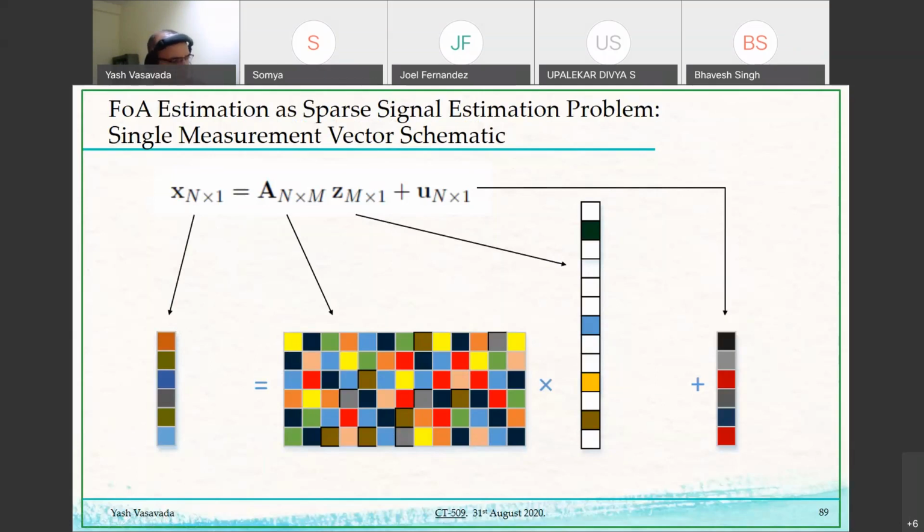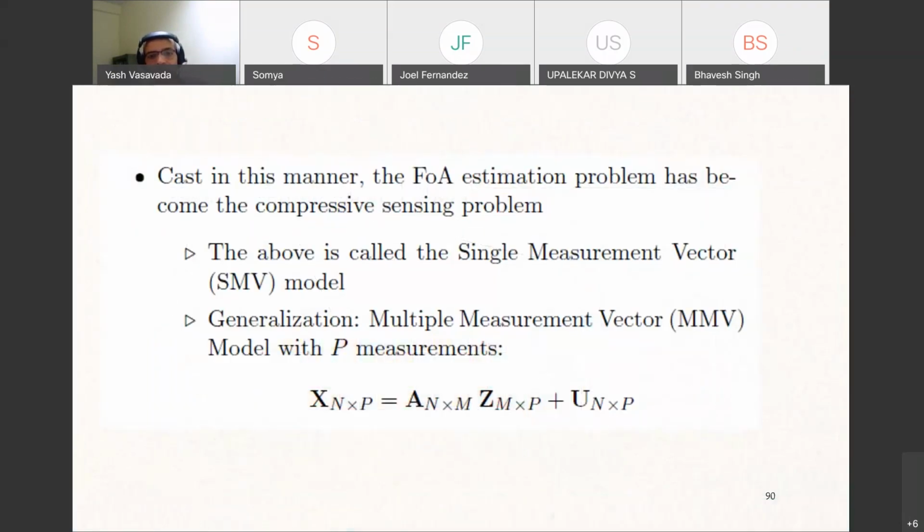Now, there is no reason to tie my hands with just one measurement vector. I can collect multiple measurement vectors and form multiple columns of X. When I do that, this A matrix is obviously not going to change, because in A I put the whole kitchen sink. I threw everything that I had in this A matrix.